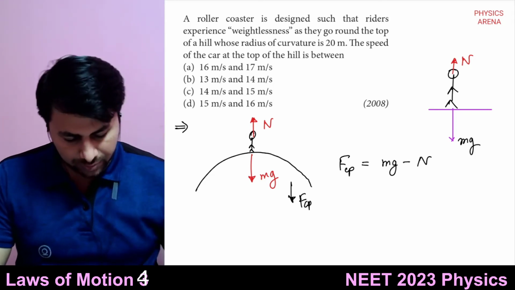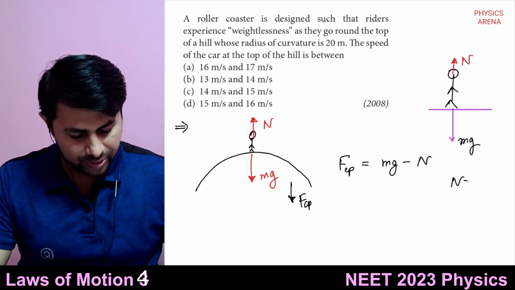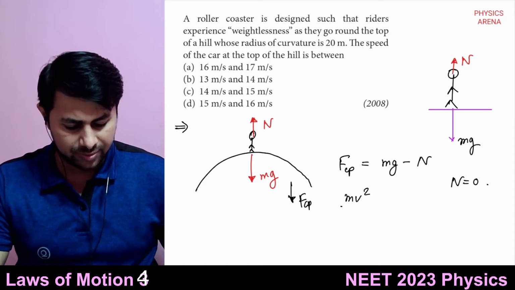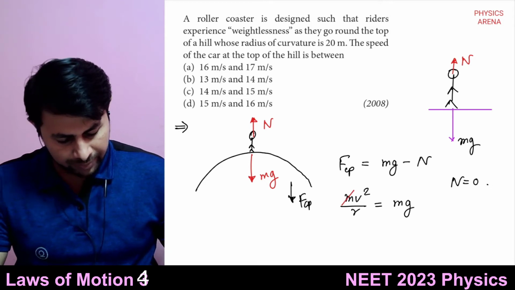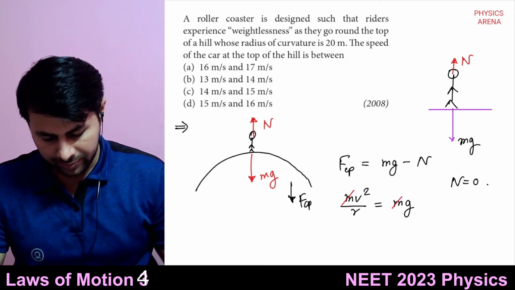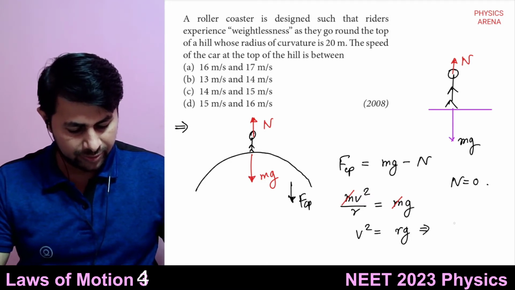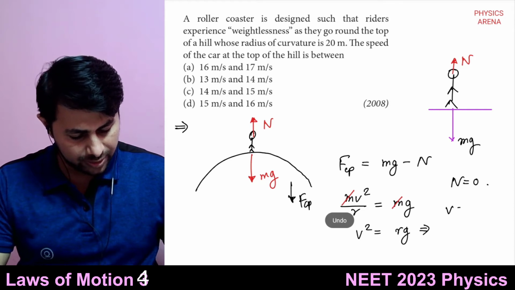And if the person feels weightless, that means N is equal to 0. So FCP is mv square divided by r, equal to mg. So m and m get cancelled out. V square equals rg. That means v equals square root of rg.